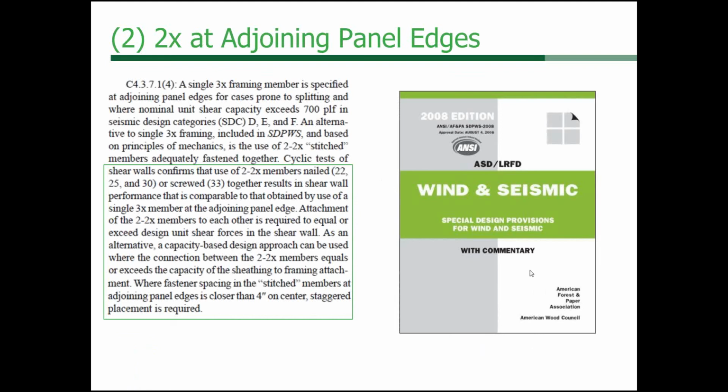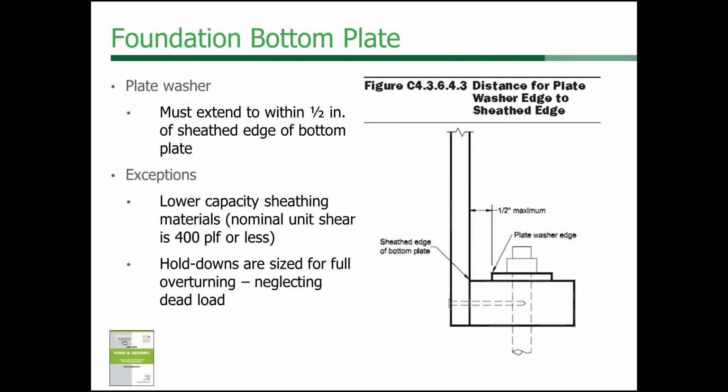This is the section I mentioned about in the commentary where it gives you some guidelines for when you're connecting 2 2-bys together as opposed to having 1 3-by. Now we talked about the adjoining panel edges and where there has been testing and evidence of issues from earthquakes.